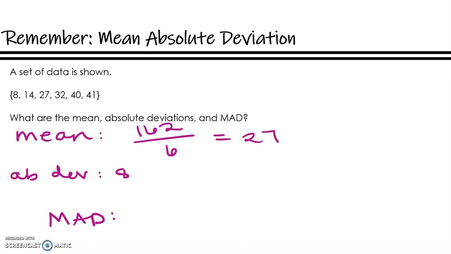Now I need to figure out the distance each number is from 27. So I'm going to make a list with all of my data values, and I'm just going to do 27 minus 8.